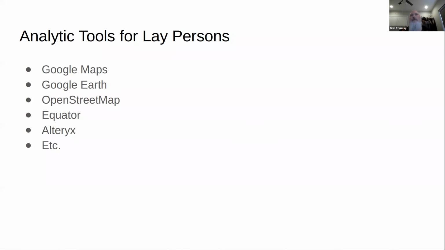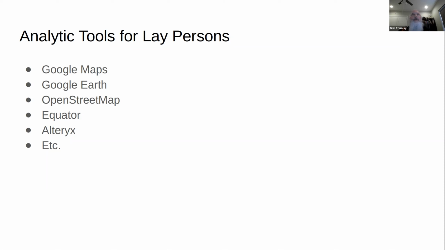These are a few examples of tools meant for use by spatial laypersons. Everybody knows how to use Google Maps, and Google Earth is also widely known and used. OpenStreetMap is an example of a non-proprietary option for crowdsourced maps and mapping data.